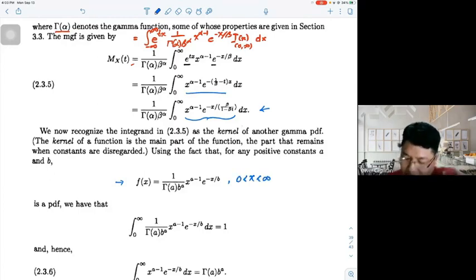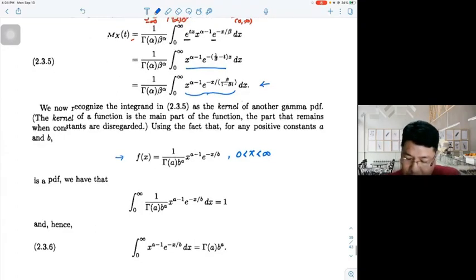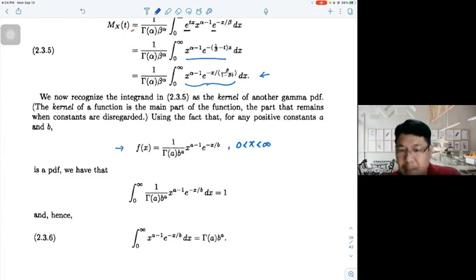And then we have the constants A and B to be positive. So kunwari, ito yung kanyang probability density function. And then we know that if this is a probability density function, using the property of the probability density function, that this will be equal to 1.